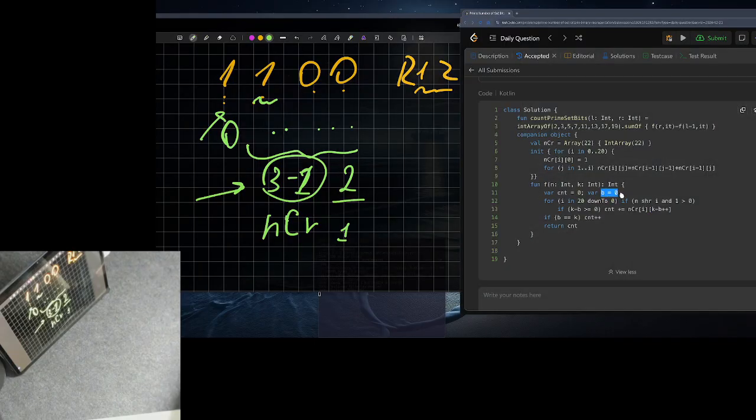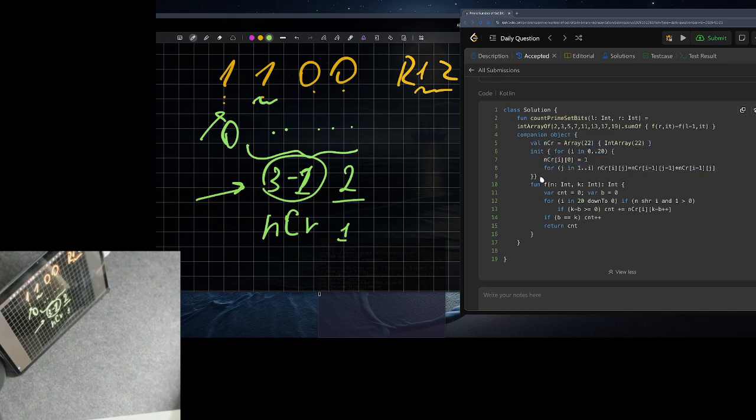This is the bits we have set, and this is the rest of the bits. So this is kind of combinatorics, and it's not very trivial. It's a hard problem with a hard solution.